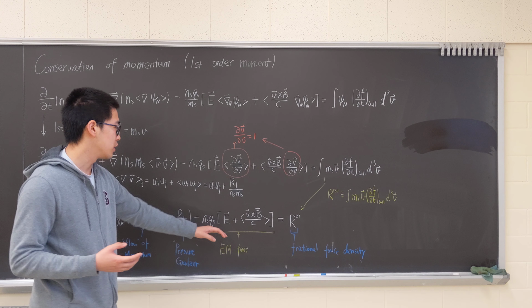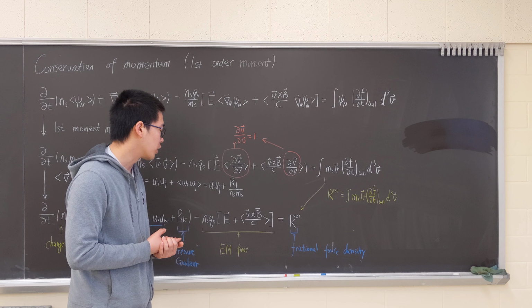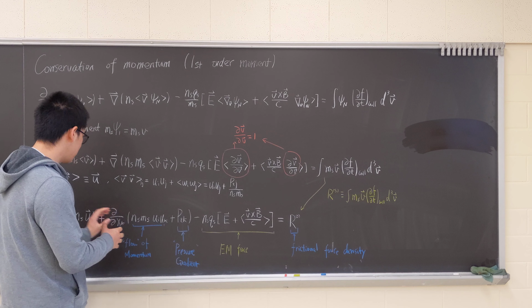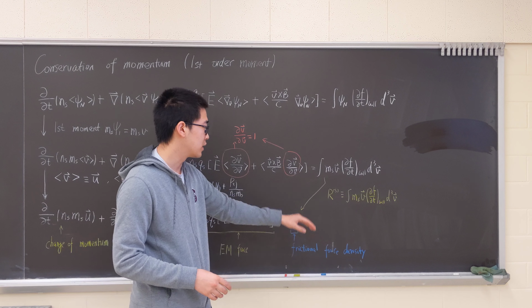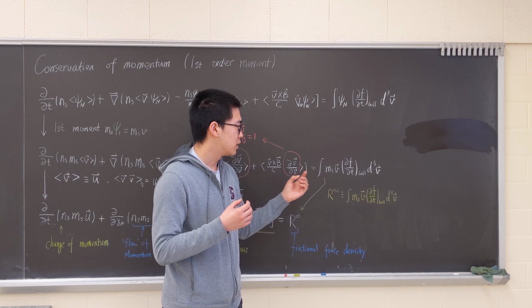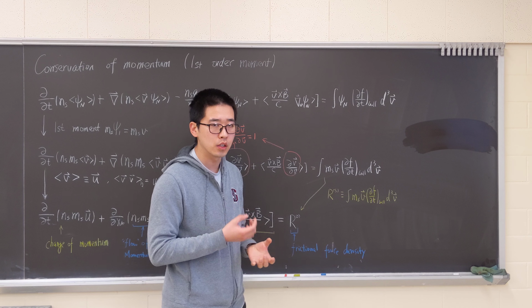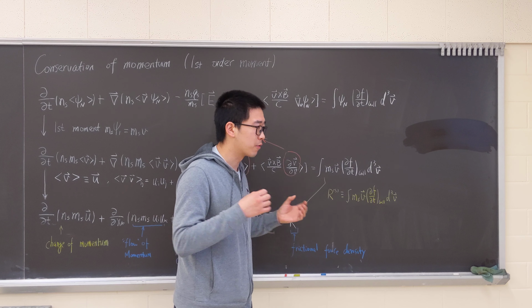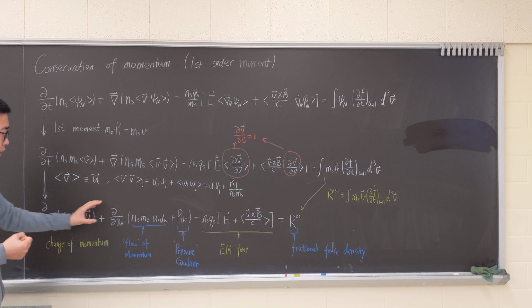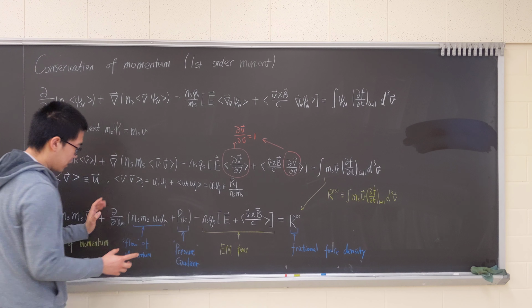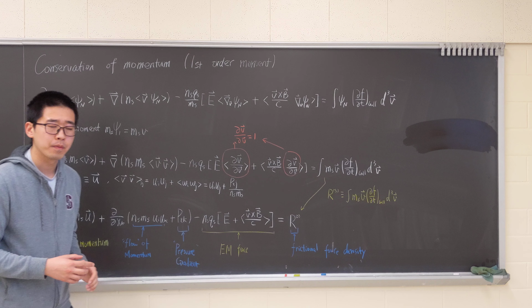And this obviously is the electromagnetic force. And this is a frictional force density. It's basically the change of momentum due to collision, so it's kind of like a friction in a way.